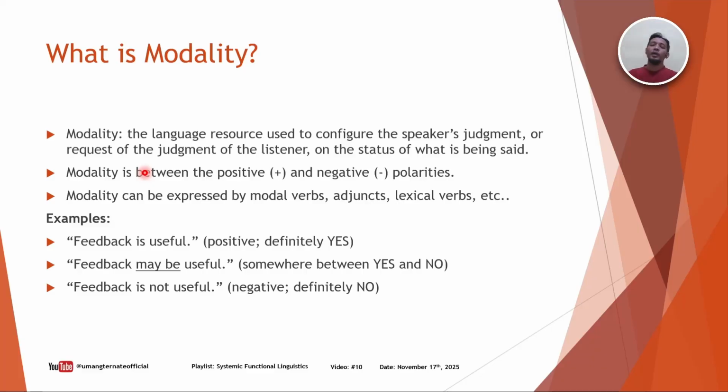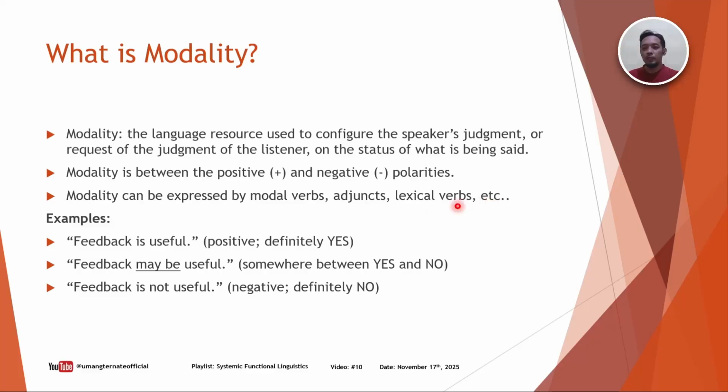It can be expressed by many language resources like modal verbs, adjuncts, including the mood adjunct and comment adjunct, which we will see later, lexical verbs and nouns, adjectives, and so on.